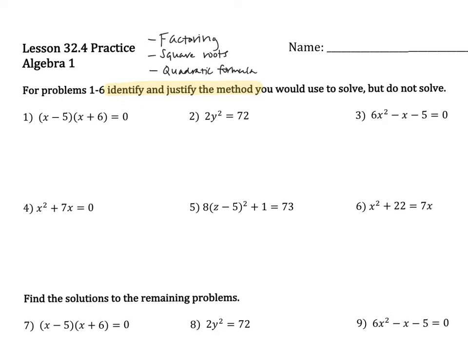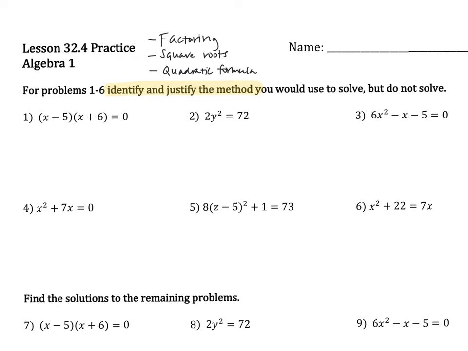Now, all 3 of these methods solve whenever we have an x squared term in our problem. Some of them are good to use for different occasions, some of them are not good to use on certain occasions. So we're going to look through examples 1, 2, and 3 and talk about what would be the best method. Looking at number 1, we can already see that we are having 2 binomials being multiplied.